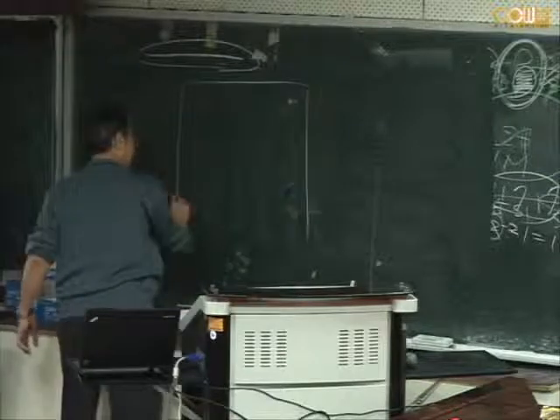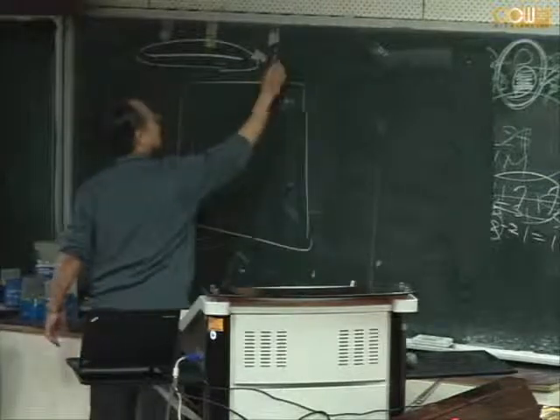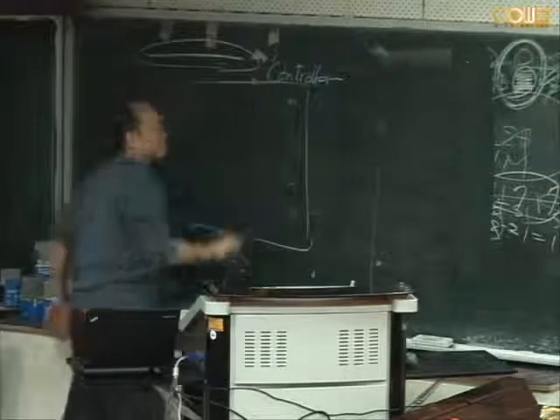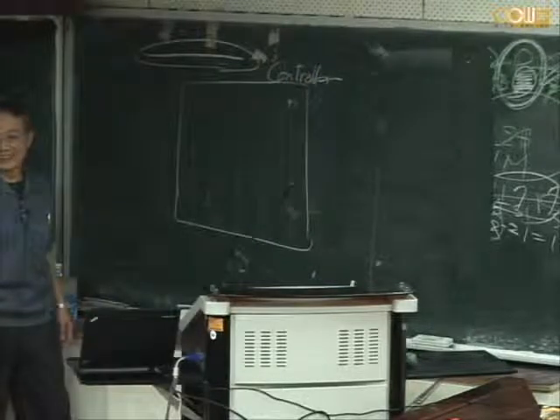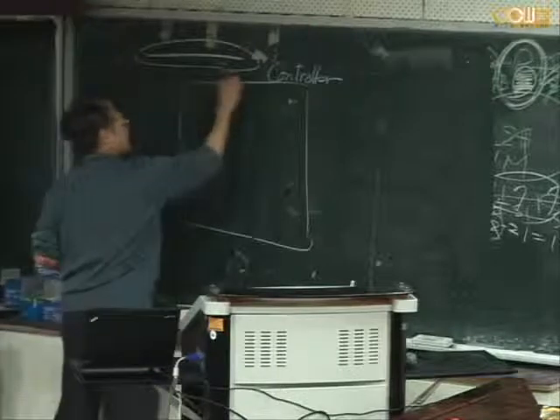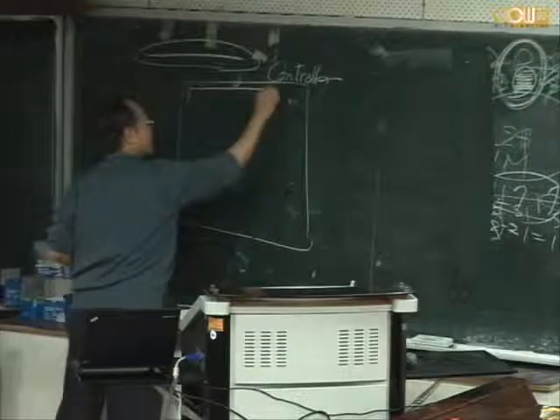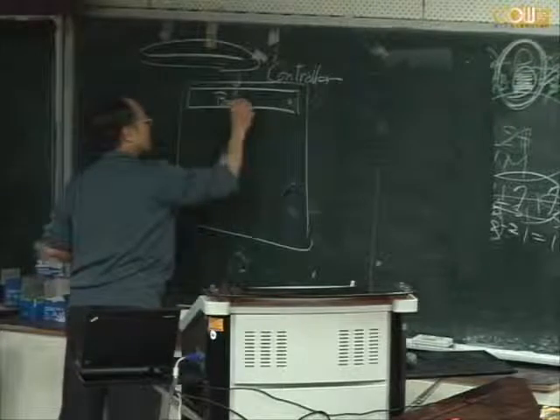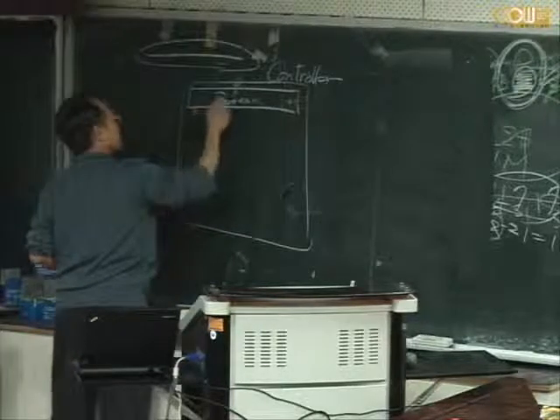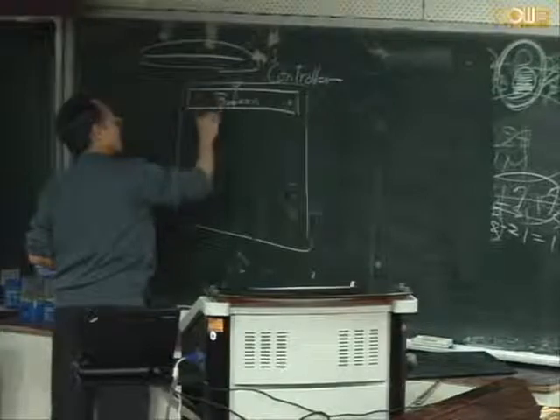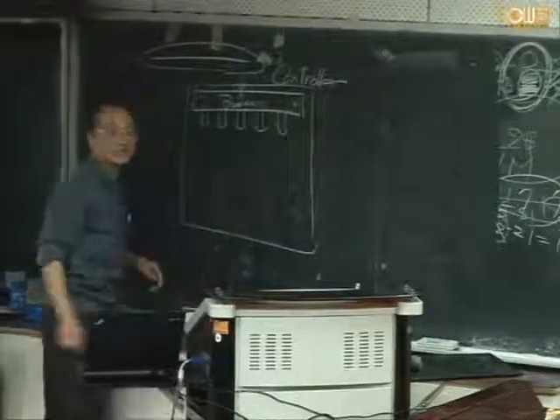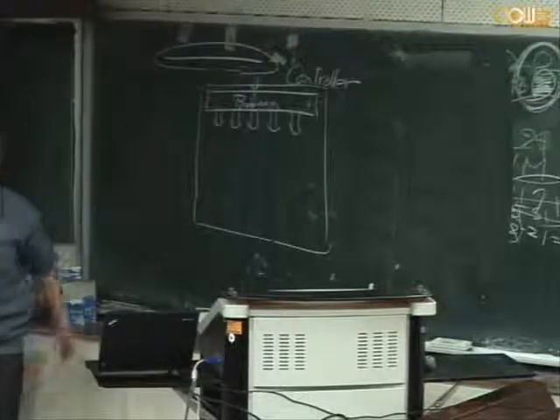This is my controller. When the instruction comes in, I use a big Boolean function to generate about 100 of the control signals.